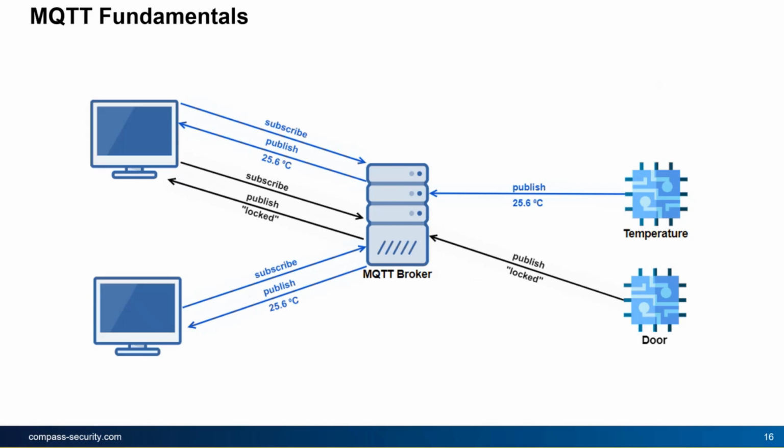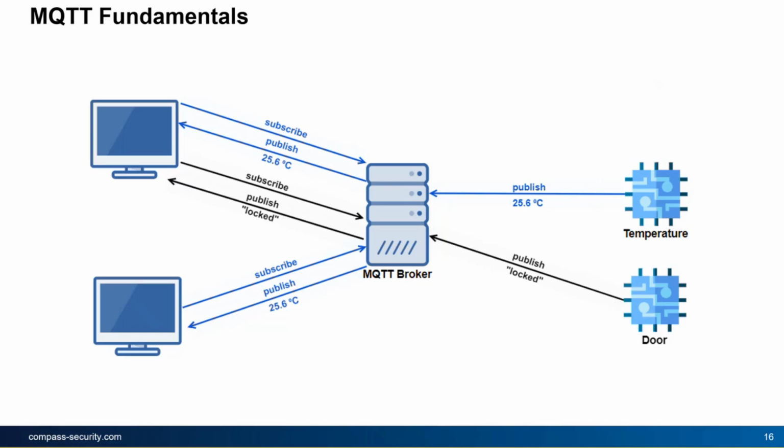So let's have a look at how this can work. We have here our broker, which is the central part of the solution. And we have on the left 2 devices and on the right 2 sensors. The device in the top left corner sends a subscribe packet and says, I want to subscribe to any values which are sent regarding the temperature.